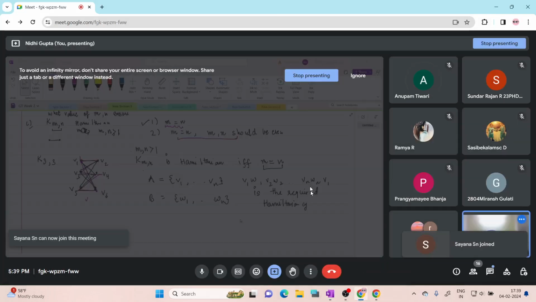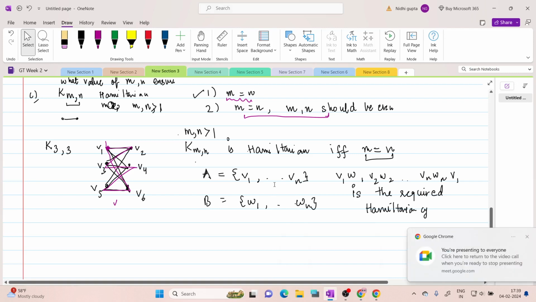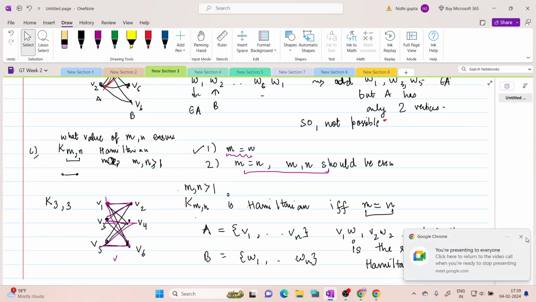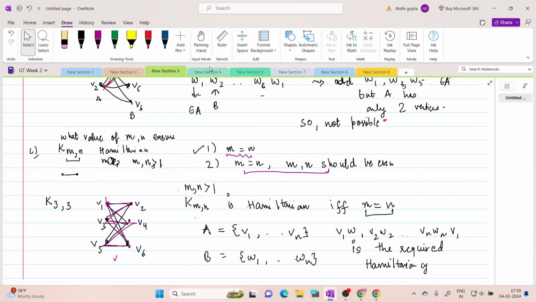Yes. So is everyone convinced that a complete bipartite graph is Hamiltonian if and only if M is equal to N? Okay. We'll go to the next question then.